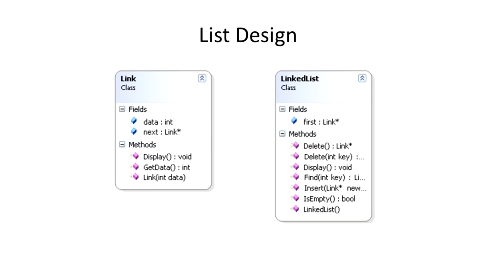Okay, and then on the right, the second class is the linked list class, which, as always in the typical design of these data structures, is the management class. It contains all the methods and attributes to manage the operations that the linked list will perform. The linked list class does actually contain a pointer itself.